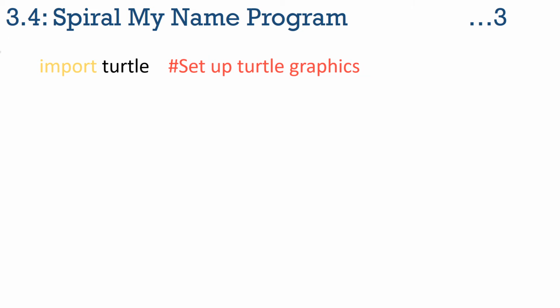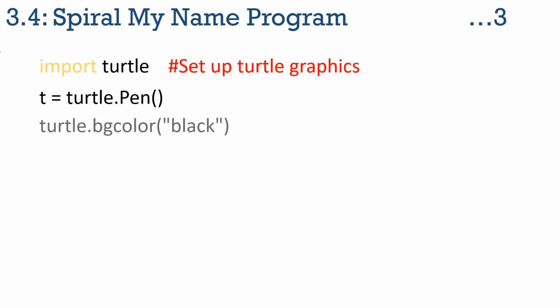I will write a comment. A comment is text that doesn't affect the outcome of the code. It is text that starts with #. t equals turtle.pen, the on-screen pen that will be used for drawings. Let's tell the system to choose a black background color for our drawings.